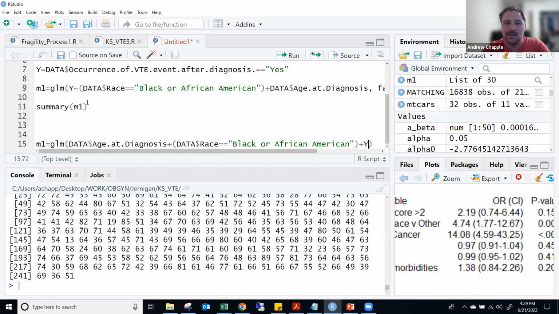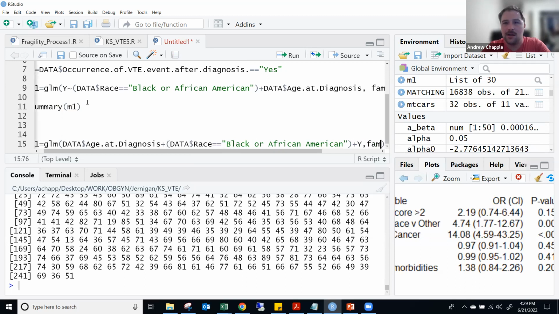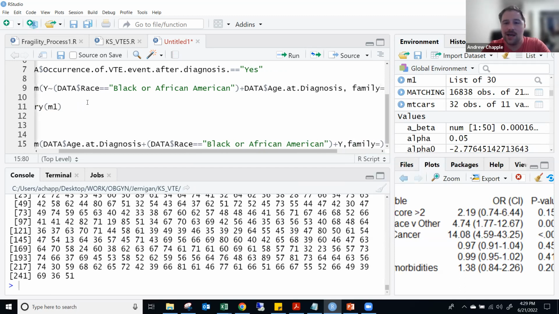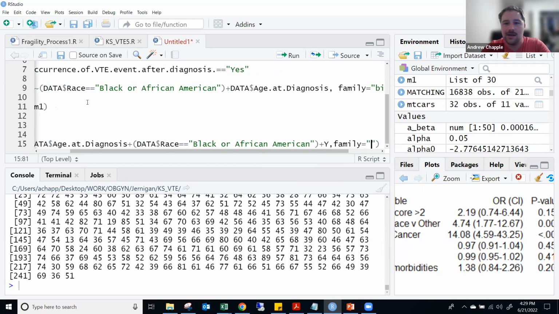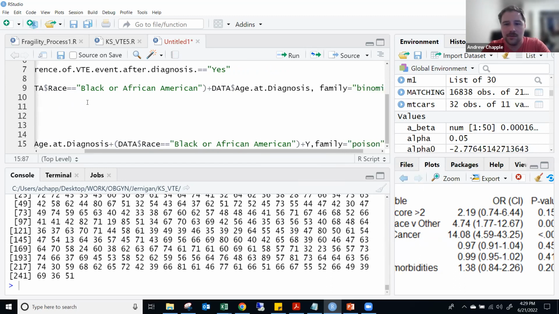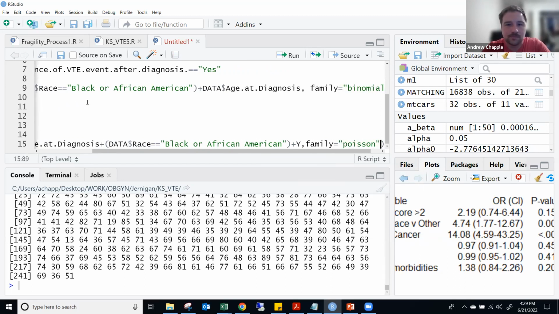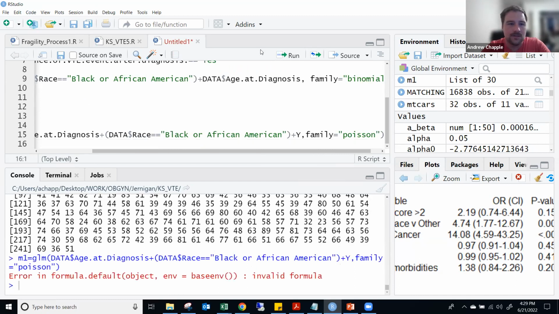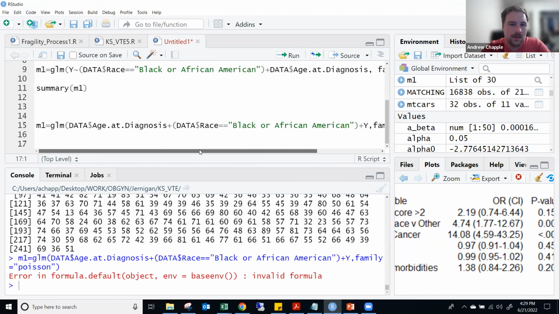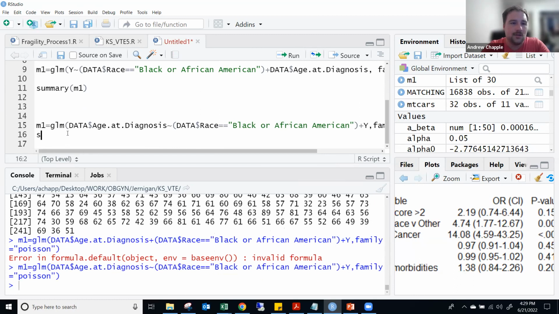Now I'm predicting, does venous thromboembolism associate with a higher age? So I need to change my family to Poisson, two S's. If I run this code now, why am I getting something weird? Oh, I need the formula symbol. Here's my symbol. It runs, and I can look at the results, summary M1.